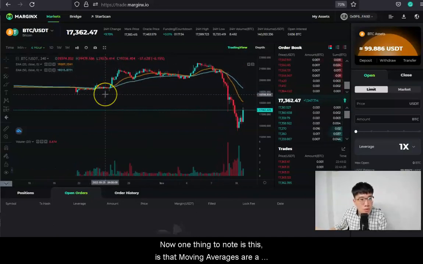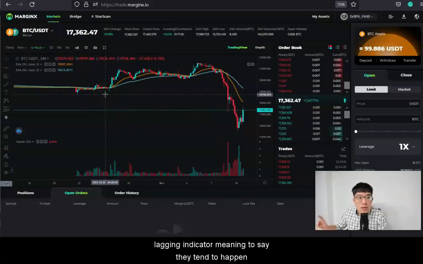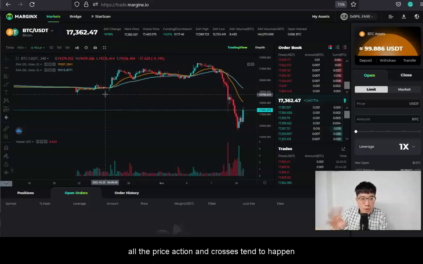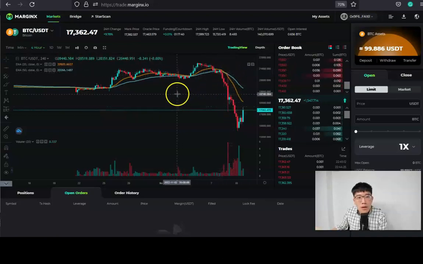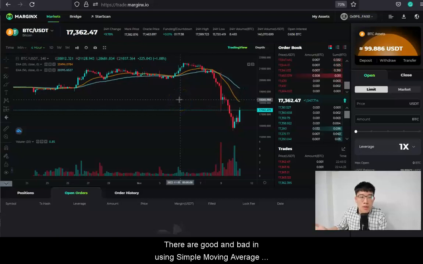Now, one thing to note is that moving averages are a lagging indicator, meaning the price action or the crosses tend to happen only after the action begins. There are good and bad points to using SMA, the simple moving average, as compared to the exponential moving average.